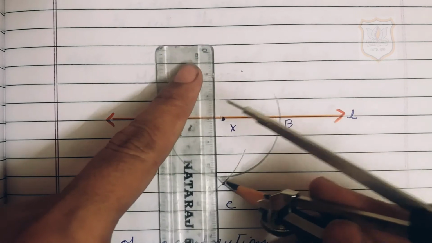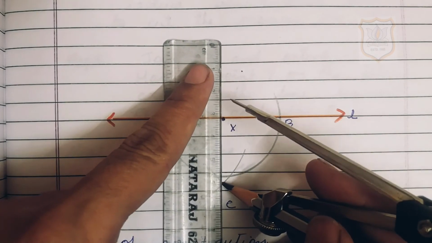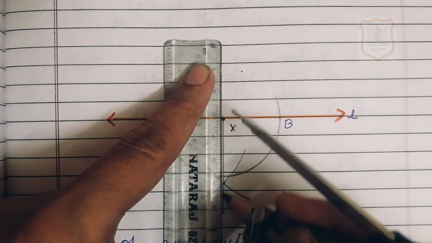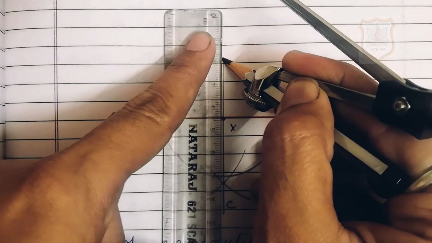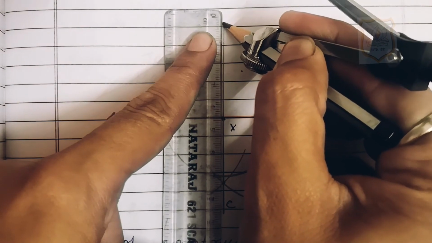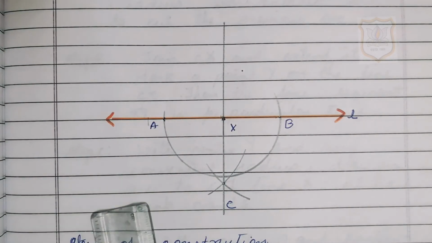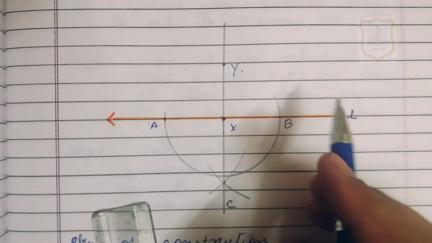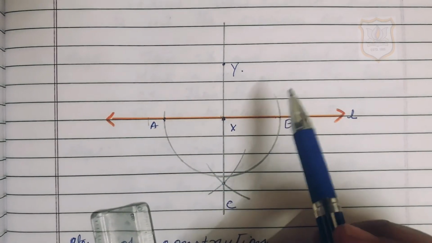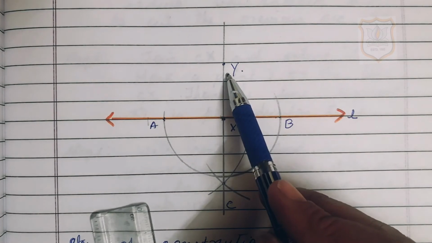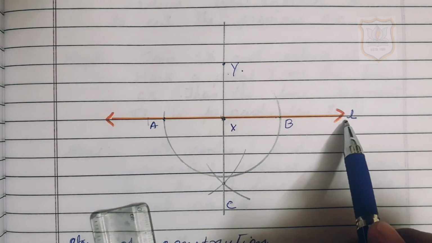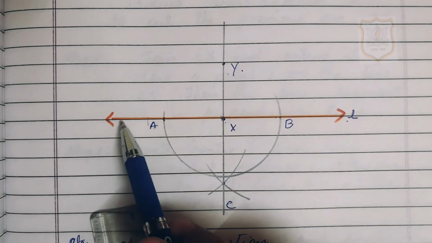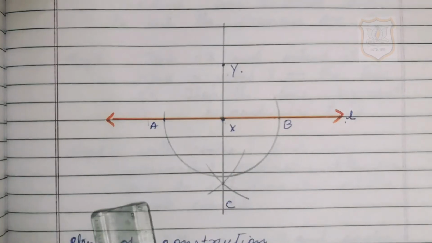Here in this way we will join CX and extend this line and mark a point Y. Then the line segment XY is perpendicular to line L. Here students, you can see that this much is line segment XY which is perpendicular to line L.